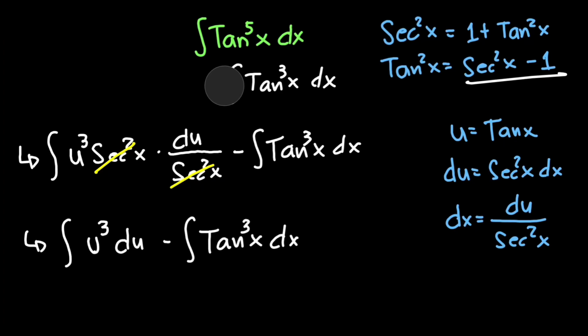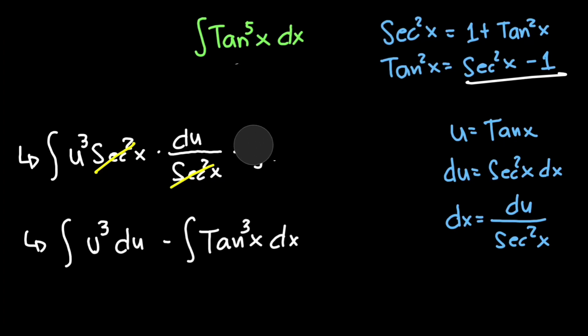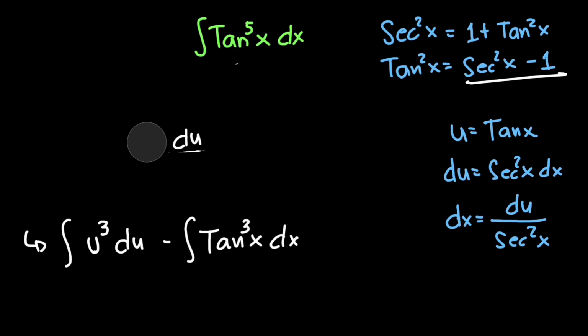As you can see, you can now see why I told you to take note of the answer for the previous problem earlier. Because here, we have a tangent cubed of x which we solved earlier. So let us solve the integral of the first part.